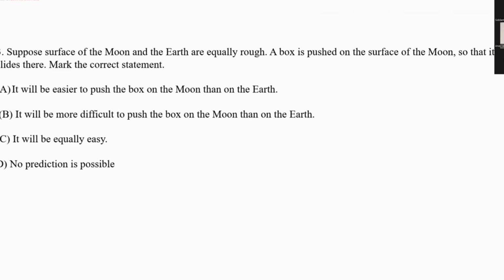On Earth, weight is more, so friction is more, so it would be difficult to push. But on the moon, the weight is less because gravity is less, so friction would be less. So on the moon, it is easier to push the box. So your answer is A.